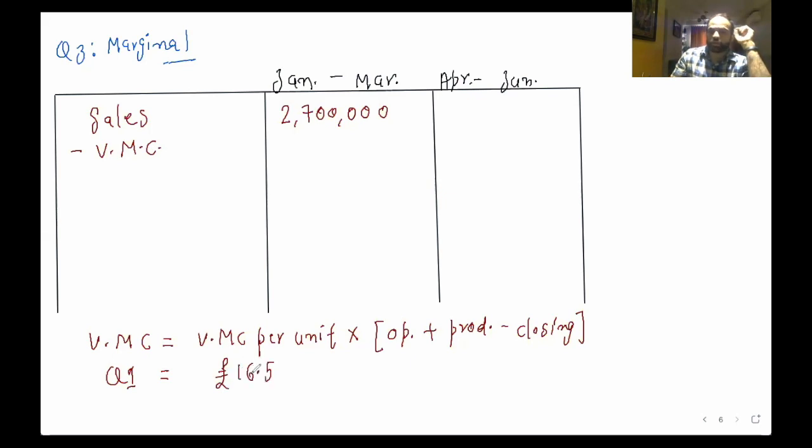All right? So remember, in this 16.5, you have to exclude fixed cost. So do not add fixed cost because it's a variable manufacturing cost. Now multiply by how much is opening? Opening inventory is 0, plus production of 70,000, minus closing of 10,000. Yes, it will be the same as absorption costing. So 70 minus 10 is 60. 60 multiplied by 16.5.